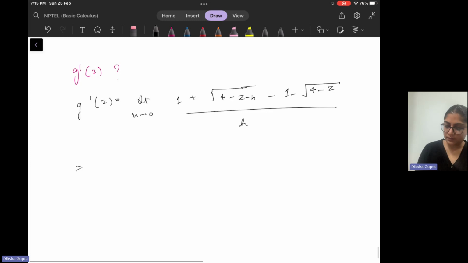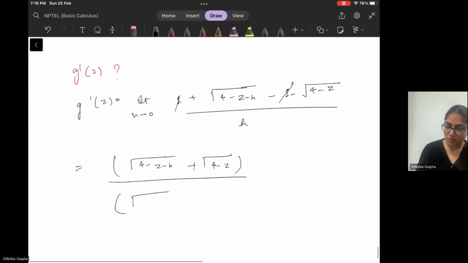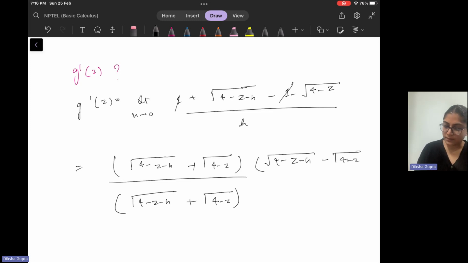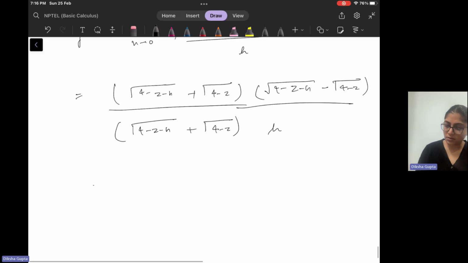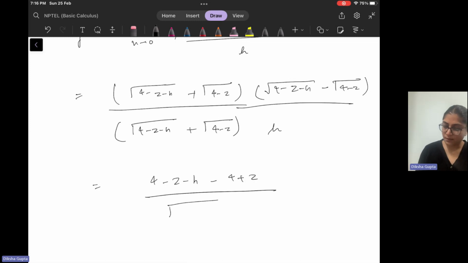So we will rationalize it. The 1s will get cancelled. We multiply by under root 4 minus z minus h plus under root 4 minus z, over the same. This is a square minus b square: 4 minus z minus h minus 4 plus z upon under root 4 minus z minus h plus under root 4 minus z, into h.